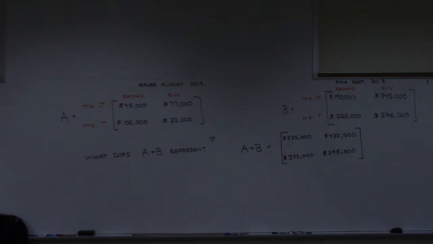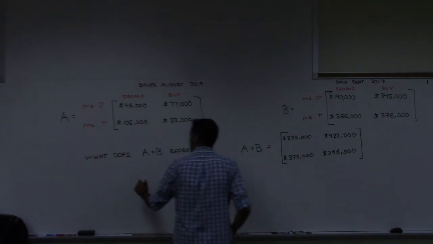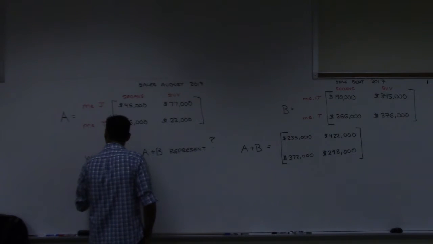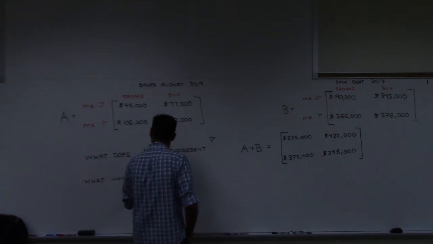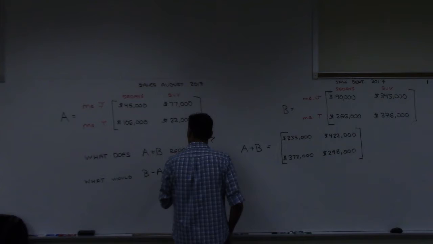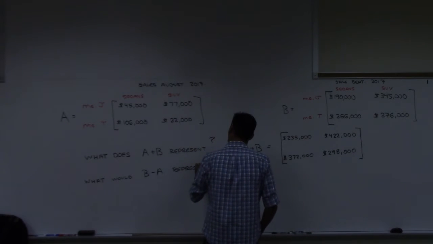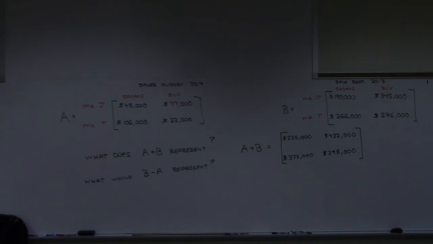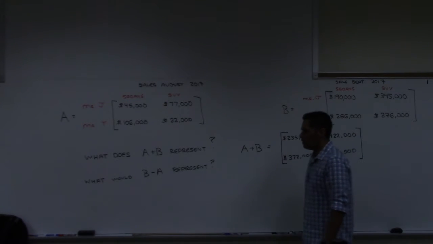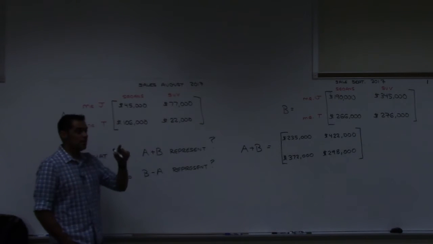How about this? What would B minus A represent? It would be the difference in their sales, but can you elaborate a little more on that? Yeah, it's the difference, right?